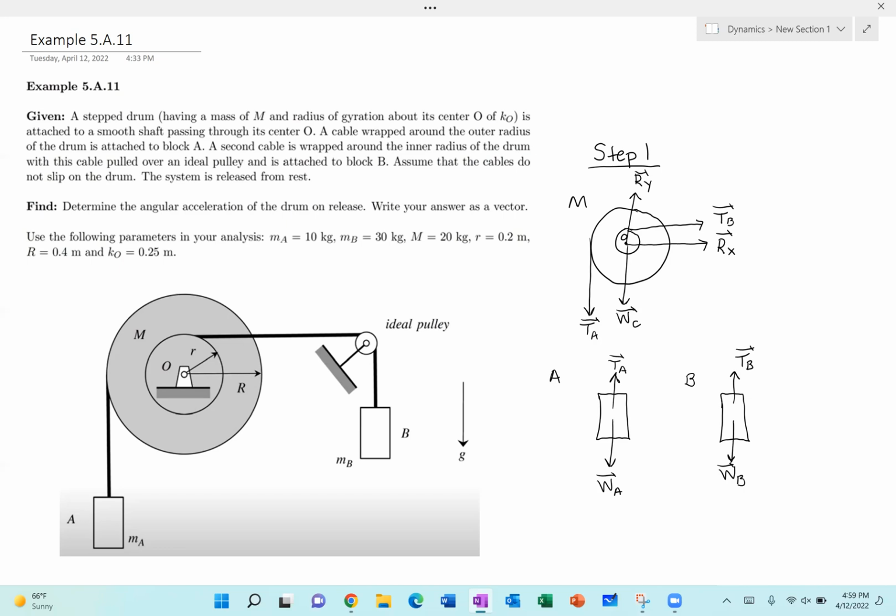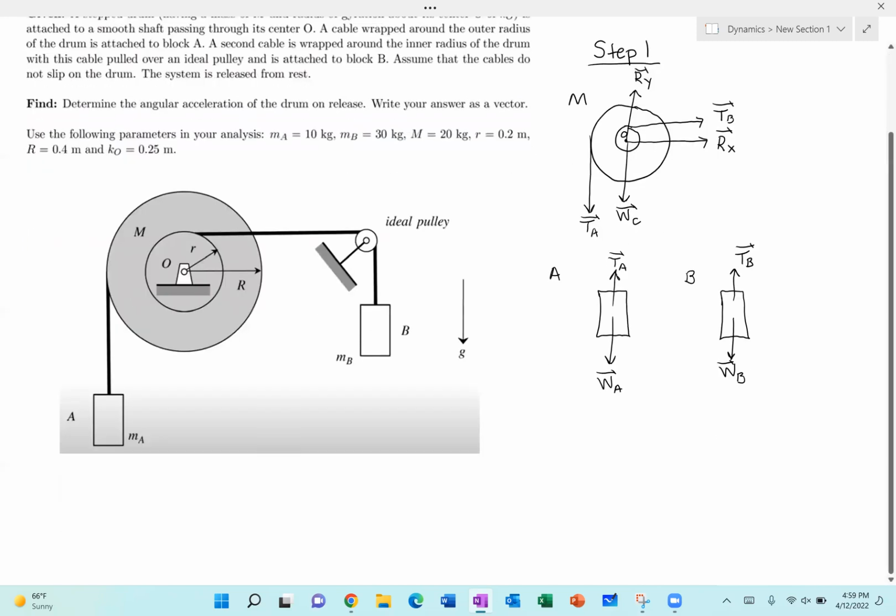And then these are all the forces on A and B.